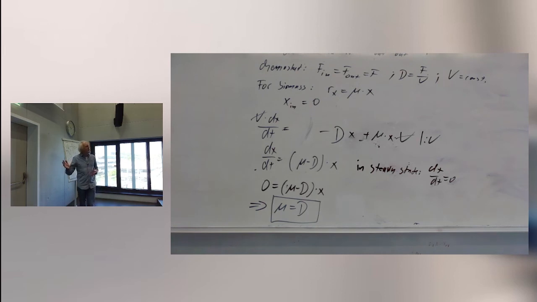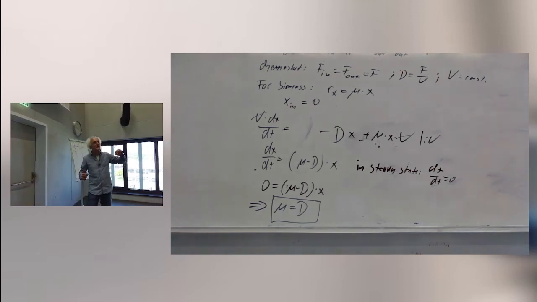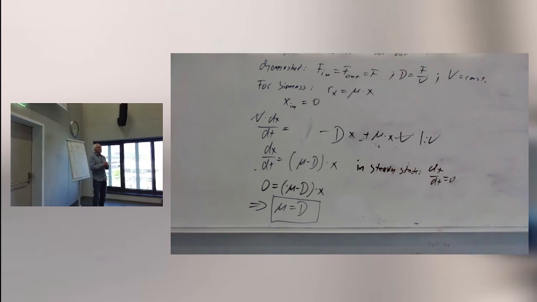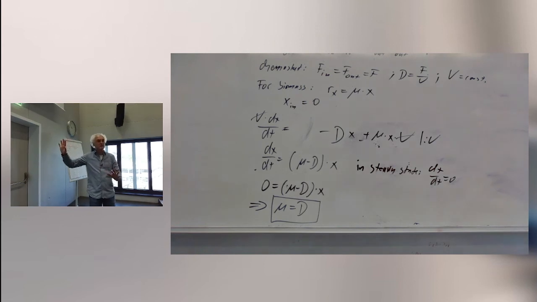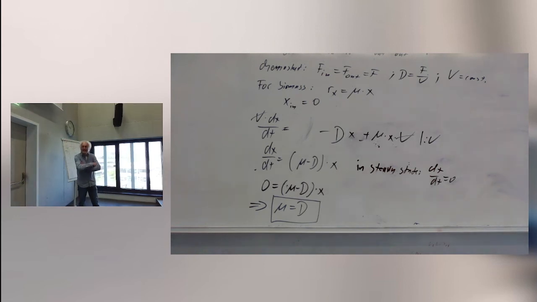But now again, the push question. This can only work if they have the same unit. Isn't it true? If I have different units, that would be bizarre. I did a lot of simple maths here, but now we end up with mu equal to D, and I'm a bit nervous, because if my dilution rate has a different unit than my specific growth rate, this would be a real problem.